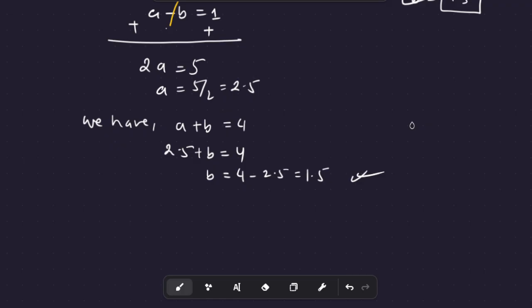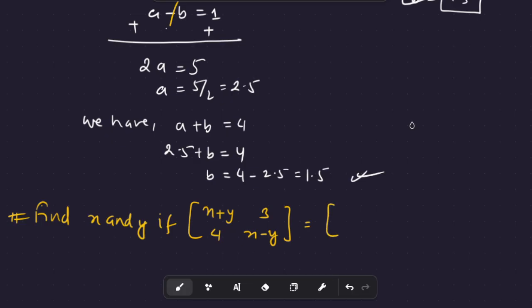Similar type of question. Next is, find x and y if the matrix with x plus y, 3, 4 and x minus y equals the matrix 7, 3, 4, 3.